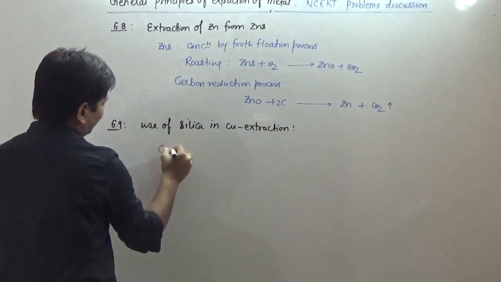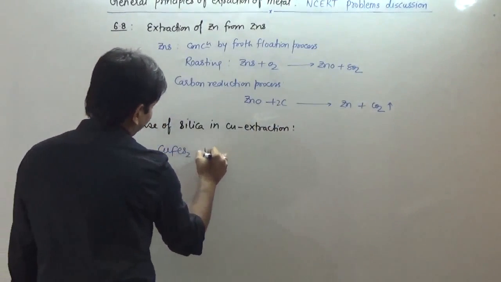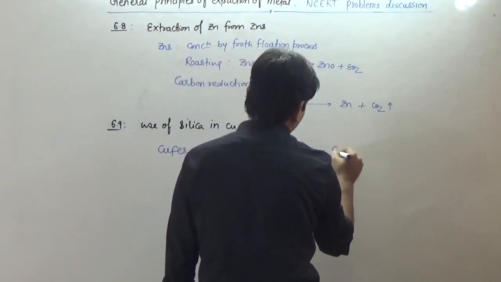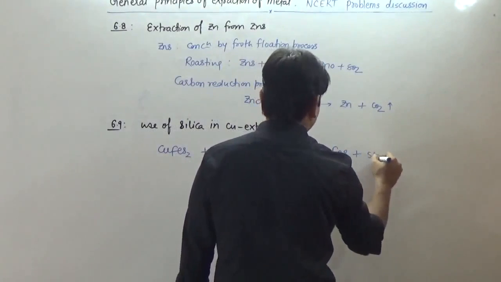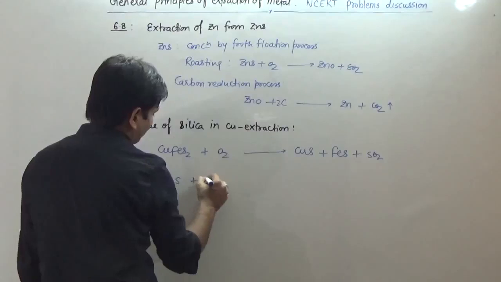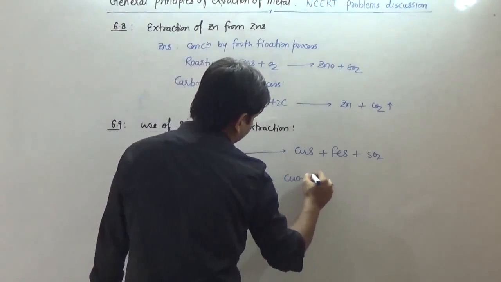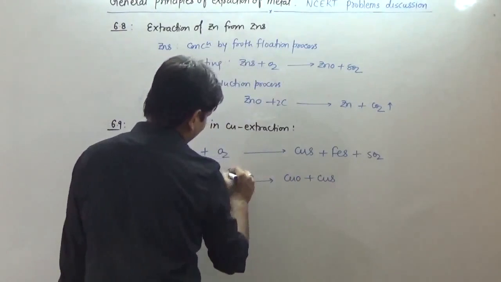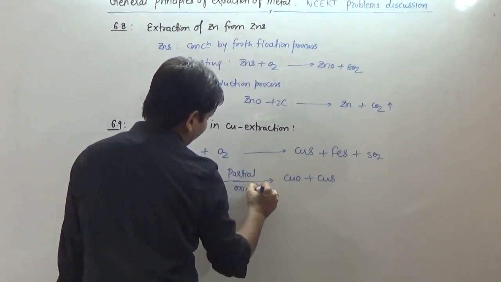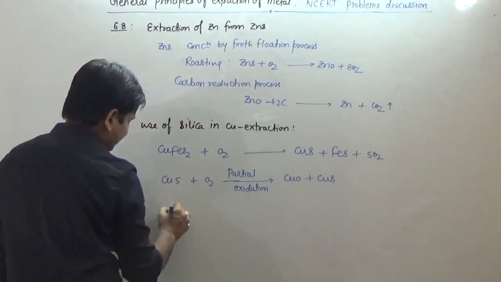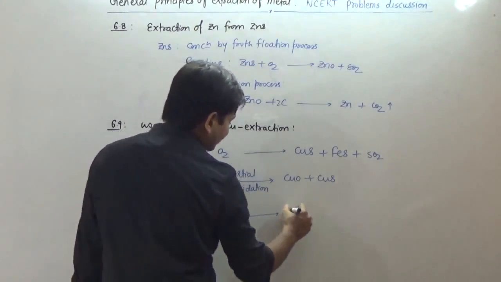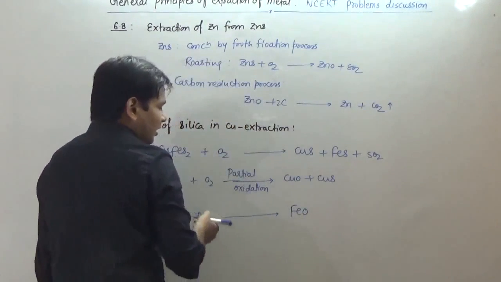Generally, copper is extracted from CuFeS2, and if we use oxygen here, then you will have Cu2S plus FeS plus SO2 first formed. Now Cu2S reacts with oxygen to form Cu2O plus Cu2S, meaning only partial oxidation occurs. And if we use FeS with oxygen, it is going to convert into FeO.